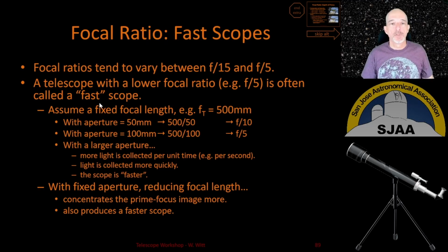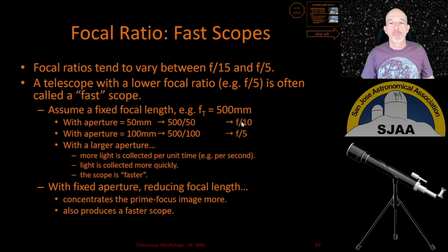So just to review this one more time, with slightly different numbers: focal ratios tend to vary between f15 and f5. This is a typical range for amateur telescopes, and a telescope with a lower focal ratio like f5 is typically called a fast scope. We have two ways of getting to a fast scope. One is to assume a fixed focal length of 500 millimeters, but the aperture varies, let's say from a 50 millimeter aperture scope to a 100 millimeter aperture scope.